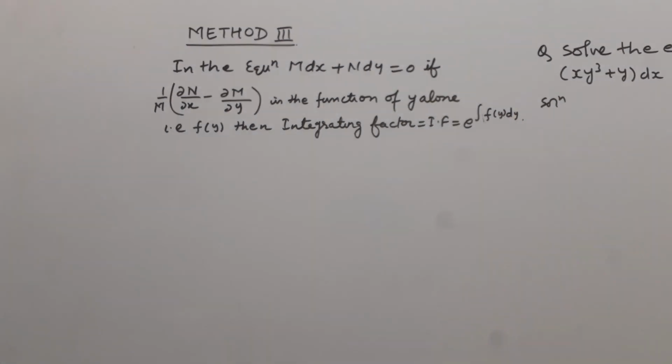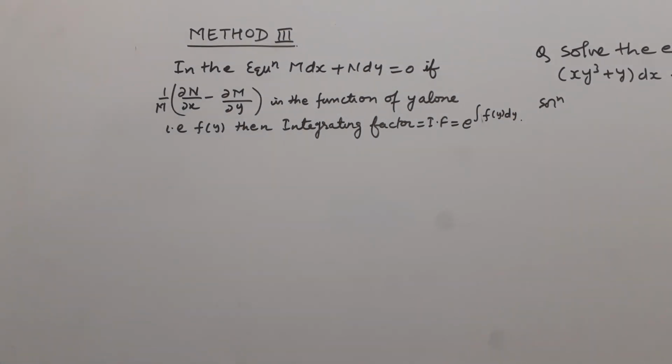Here we use this method if the given differential equation M dx plus N dy equals 0 is not exact. So in some questions we use this method: if (∂N/∂x minus ∂M/∂y) multiplied by 1 upon M is a function of y alone, that is f(y), then the integrating factor is e to the power integration f(y) dy.